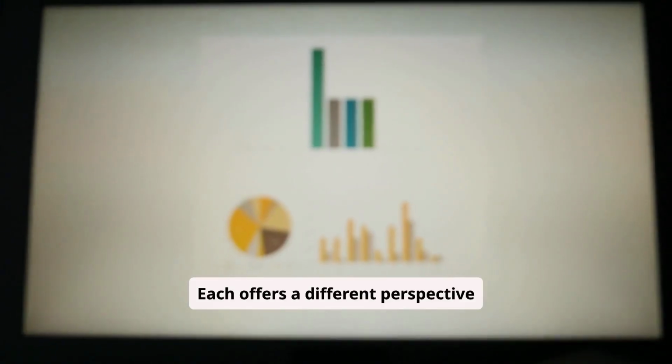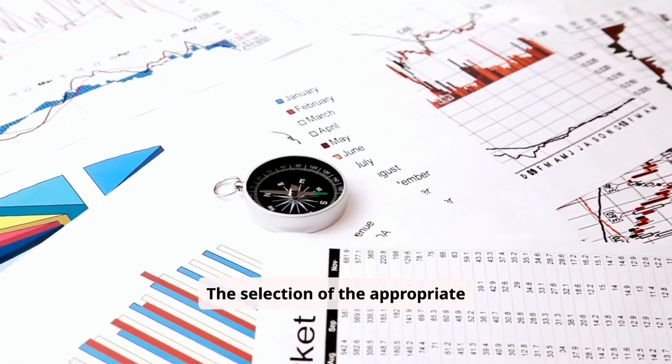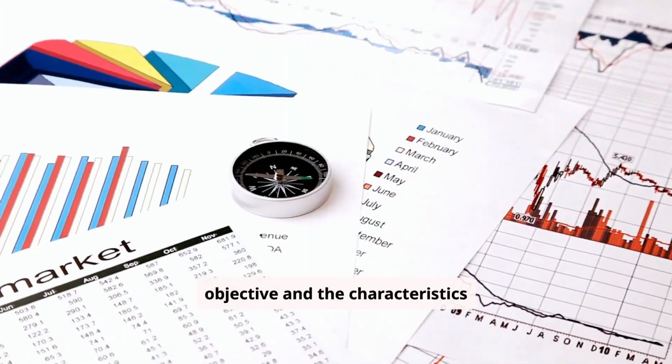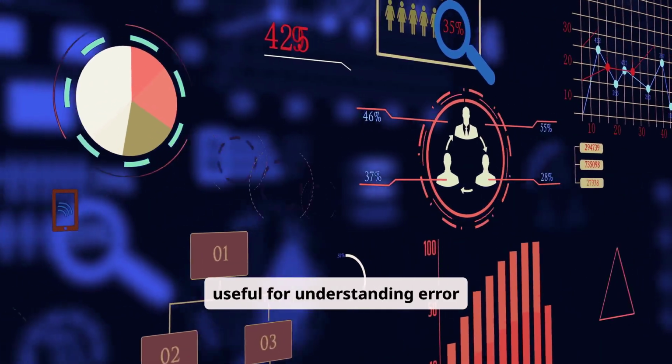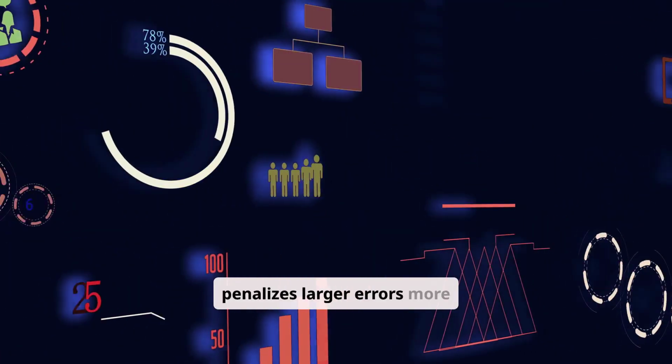Each offers a different perspective on forecast accuracy. The selection of the appropriate metric depends heavily on the specific forecasting objective and the characteristics of the data. For instance, MAE is useful for understanding error relative to the actual value, while RMSE penalizes larger errors more heavily.